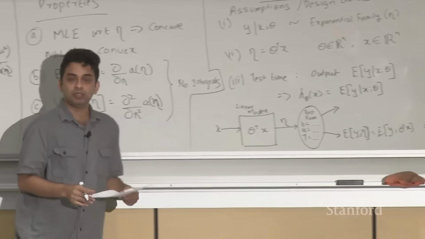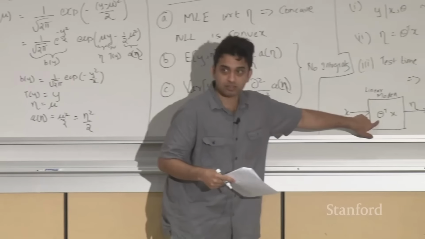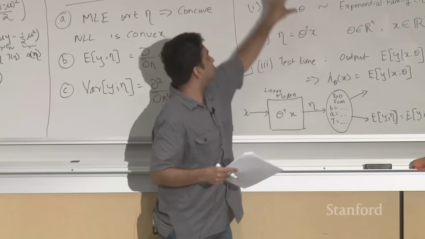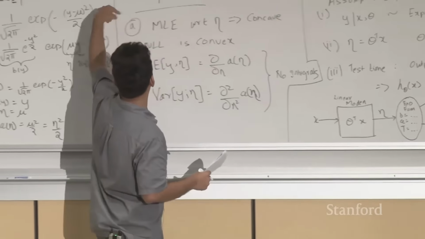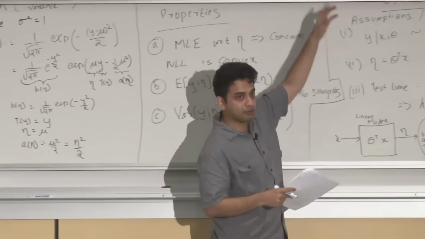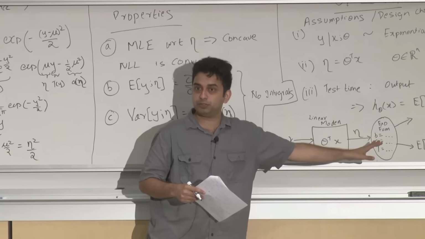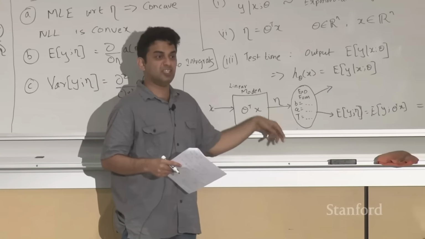In this model, the parameters that we are learning by doing gradient descent are these parameters, theta. We are not learning any of the parameters in the exponential family. We are not learning mu or sigma squared or eta. We are learning theta. That's part of the model and not part of the distribution. And the output of this will become the distribution's parameter.